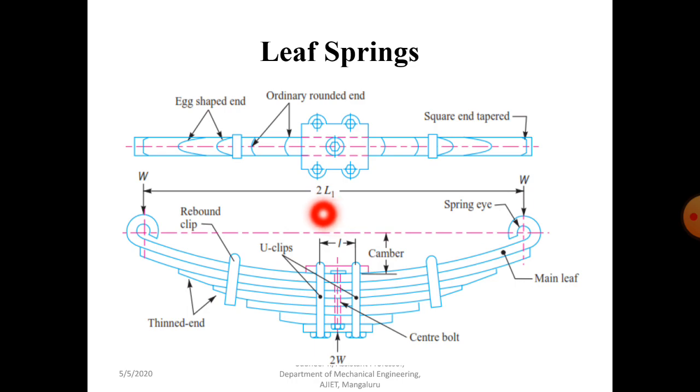L is the length of the cantilever, because we consider one end fixed and one end free. Because we consider only half the portion, from here to here, it is the length of the cantilever, or half length of the semi elliptical spring. So that is about the force acting at the end of the spring.